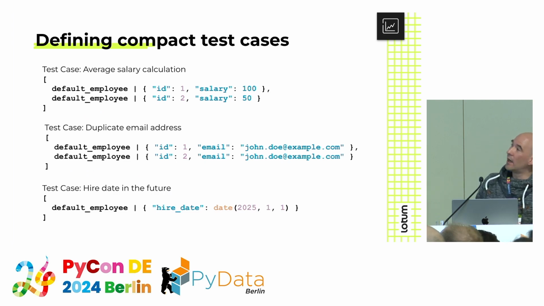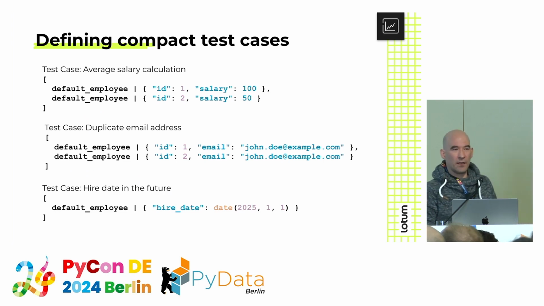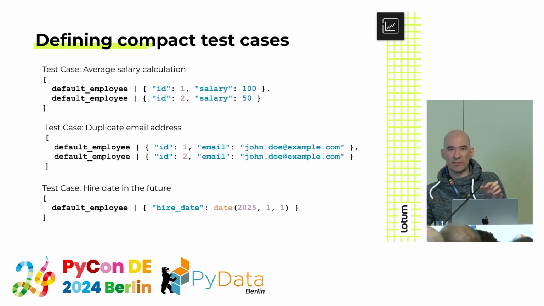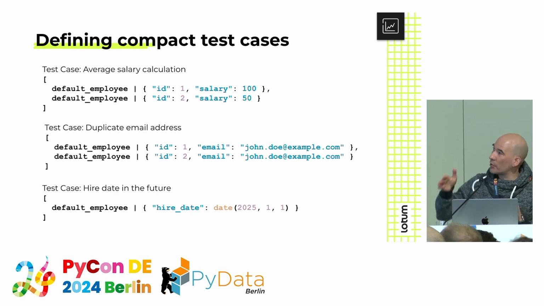We use dict merging for this, which is not very commonly used. Dict merging is a technique where you take 1 dict and you replace or add keys to the dict using the pipe operator. So we have our default employee here, which is the dict which I just showed you. It contains the default values for my default employee.